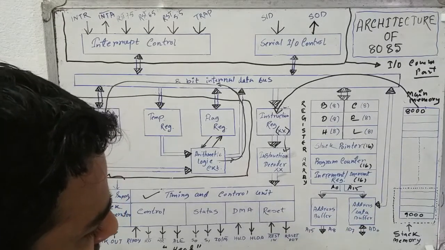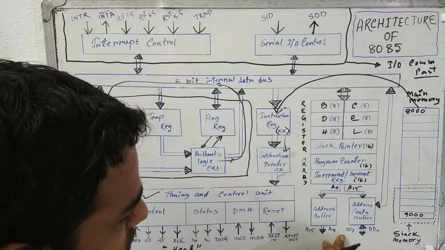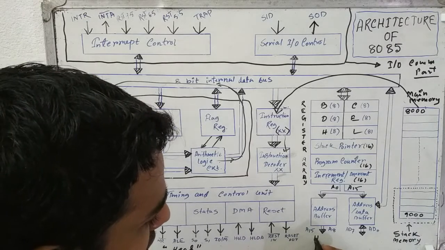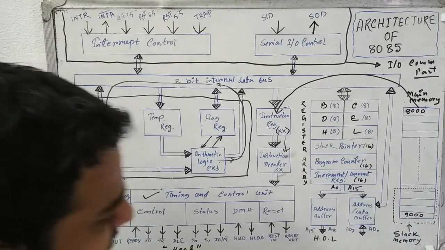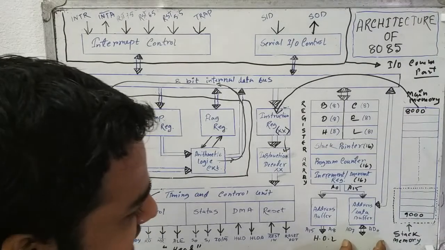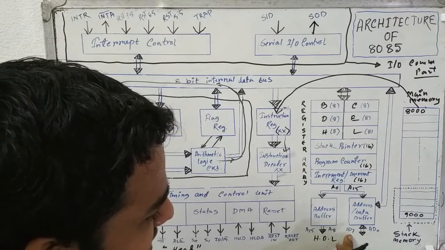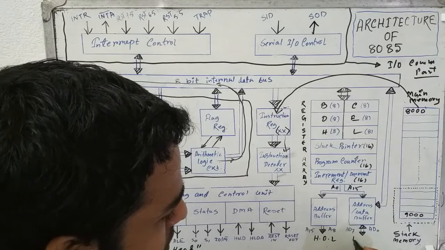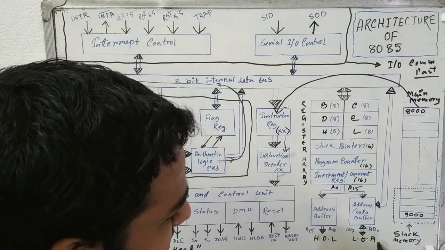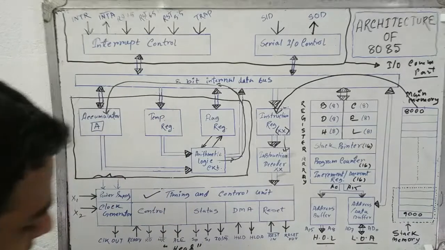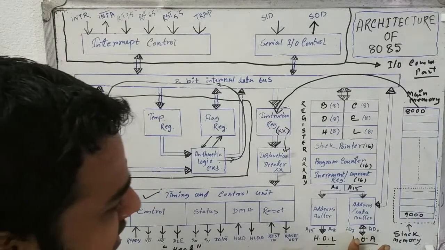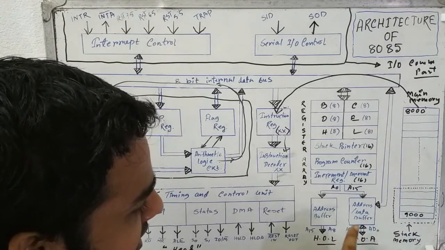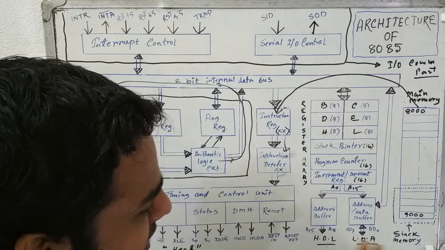The first is A8 to A15, which I will call the higher order address lines, and the next part is AD0 to AD7, which I will call the lower order address lines. This lower order address line is sometimes called the multiplexed address data line.